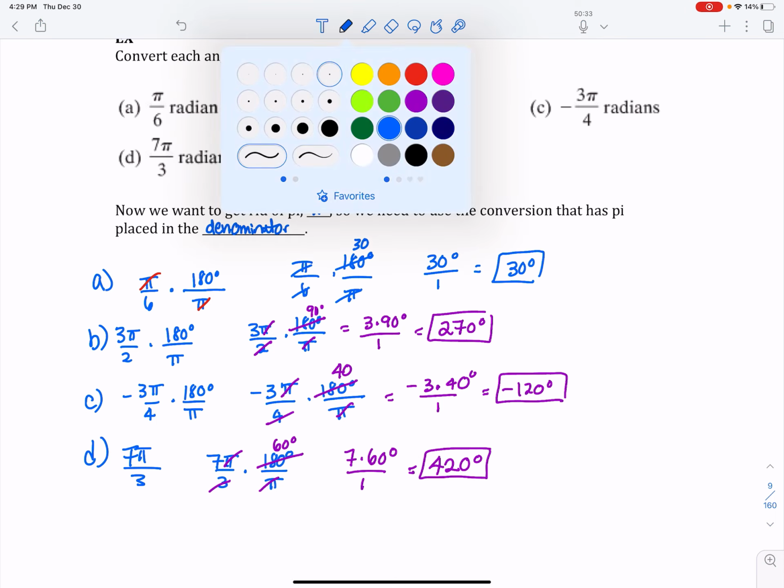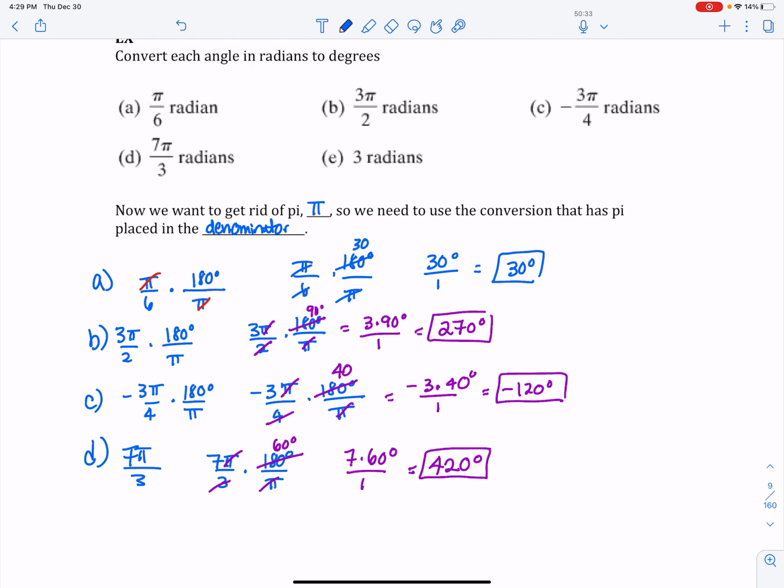All right, and let's do E. E says 3 radians. So this one's kind of weird. So once again, I'm going to take that 3 over 1 times 180 over pi. And you'll notice this time around that we don't have the ability to cancel out the pi's, but we still have the right formula. So I'm going to take 3 times 180, and I'm going to divide that by pi.